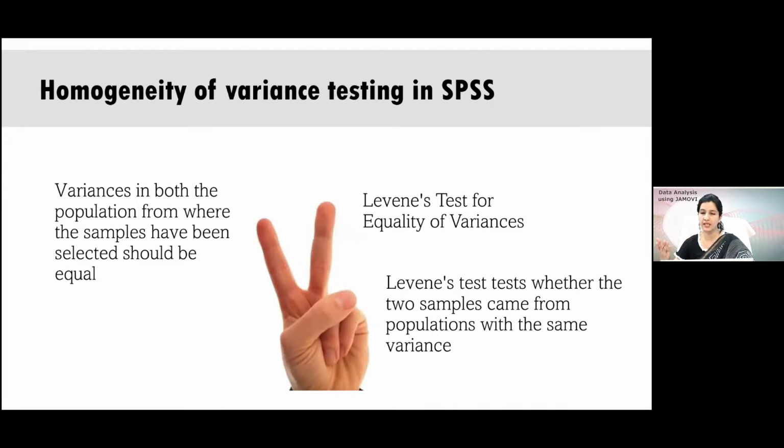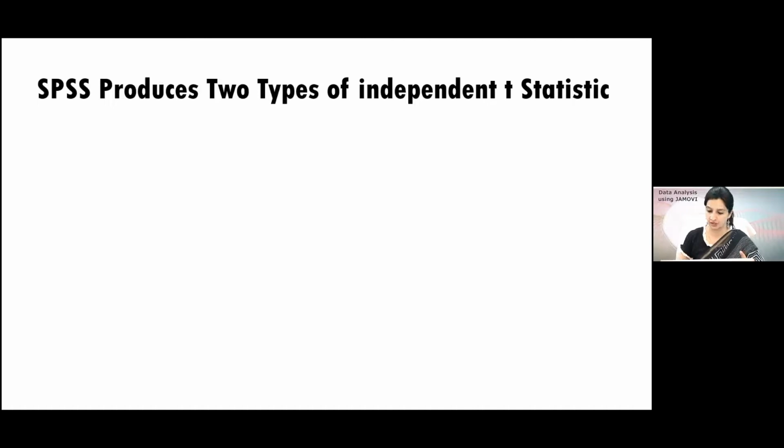When the p-value is more than 0.05, then we can say that the homogeneity of variance is met. That means the variances in the two populations from where we have withdrawn the sample are equal.